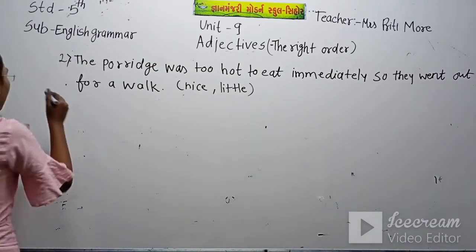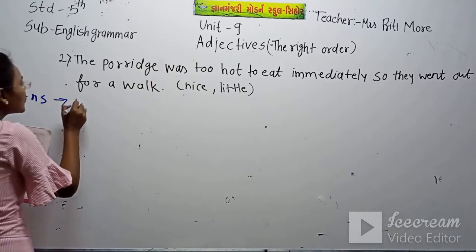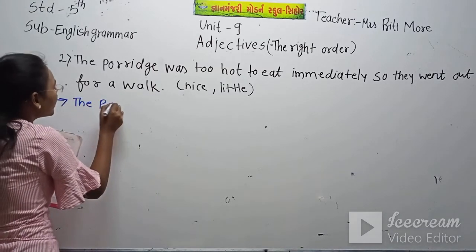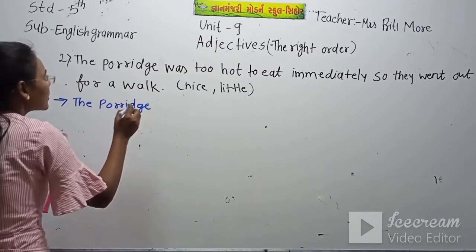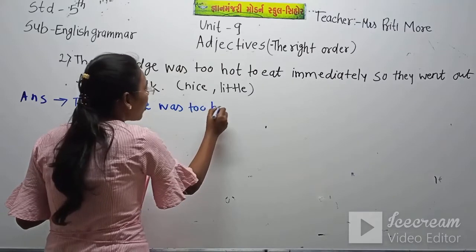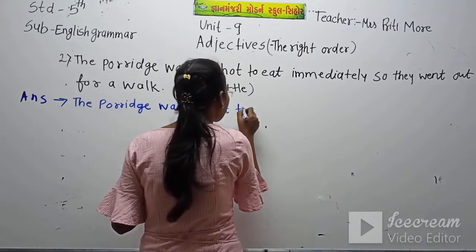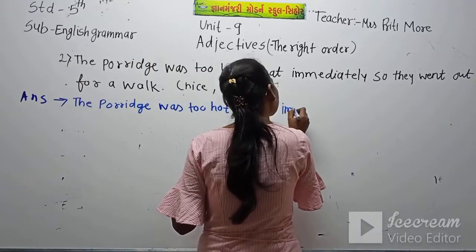Now here the answer: we have to rewrite this sentence. So the porridge was too hot to eat immediately.